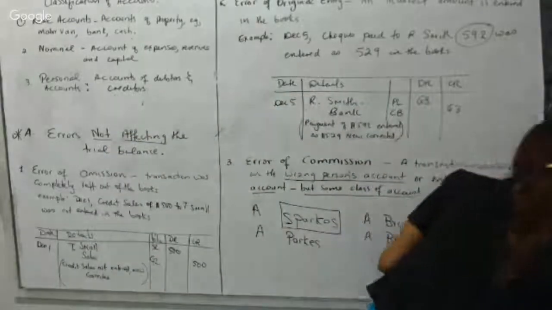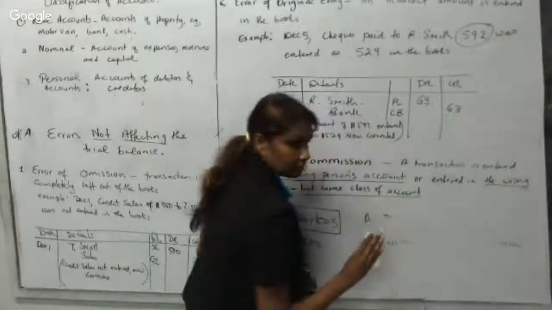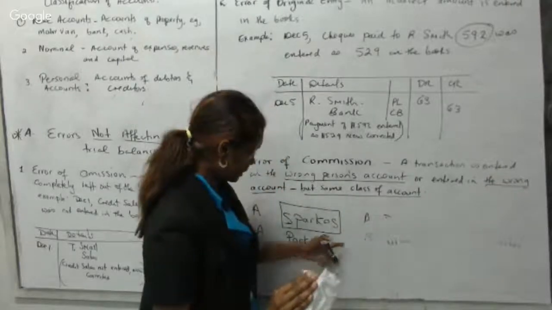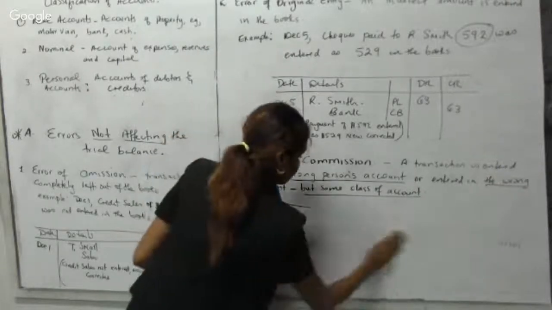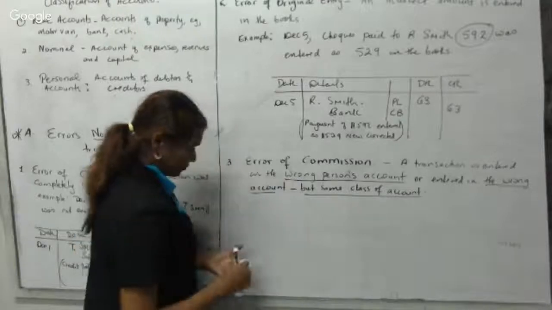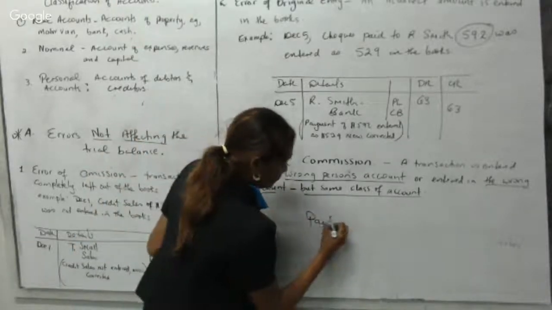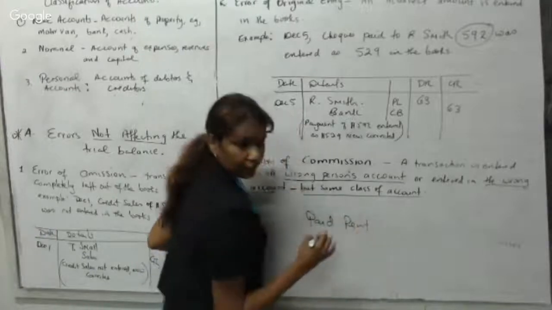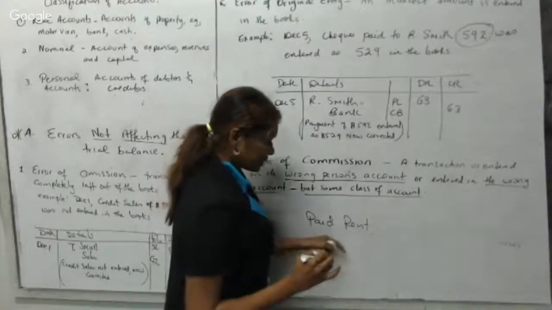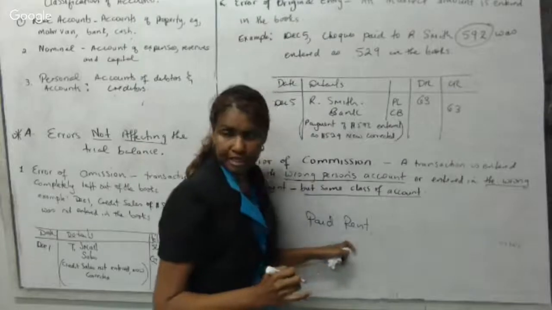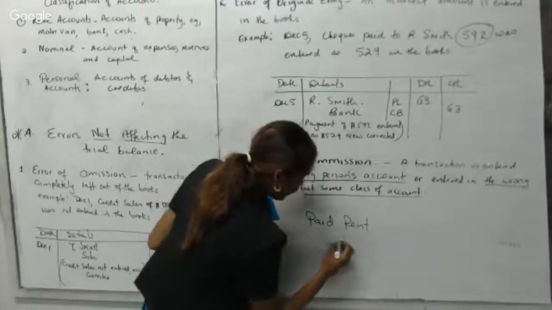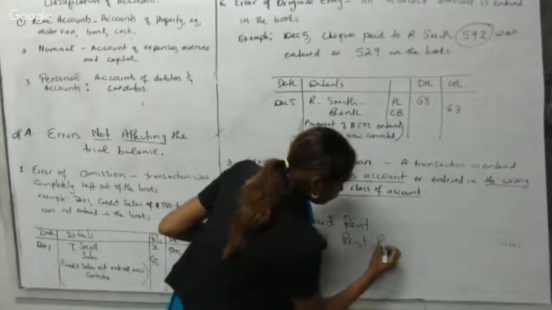So if you, for instance, were told that you paid rent, but instead of debiting the rent account, you debited rent received.